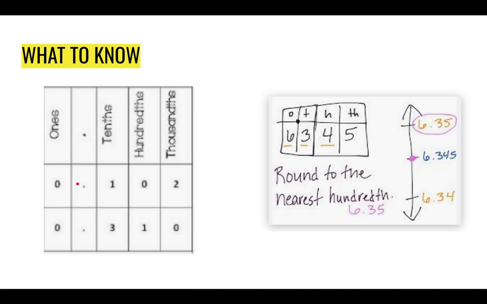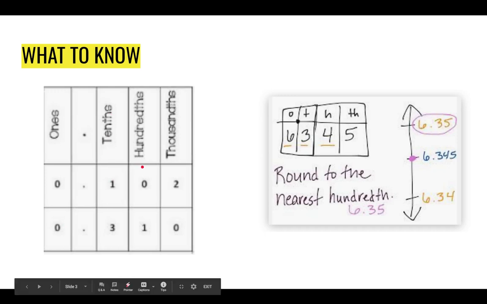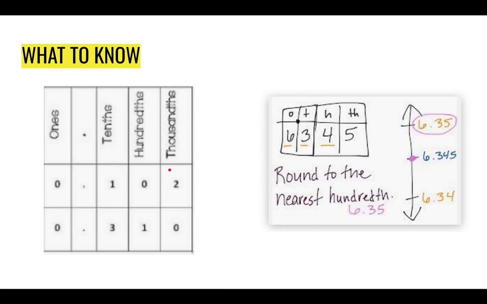As you can see, it's very important when you are comparing decimals that you line up your ones with your ones, your tenths with your tenths, and so forth. It is important because if you don't line up your numbers correctly, you may get the wrong answer. So you always have to remember to line up your numbers or digits based on the place value that they are in.